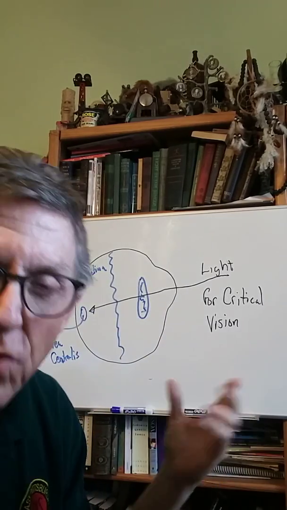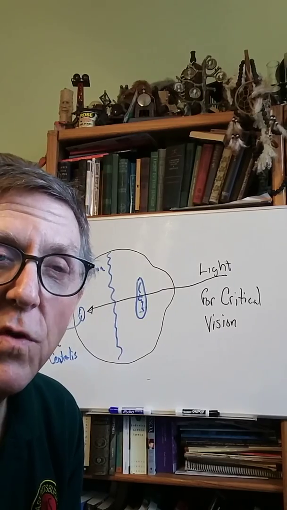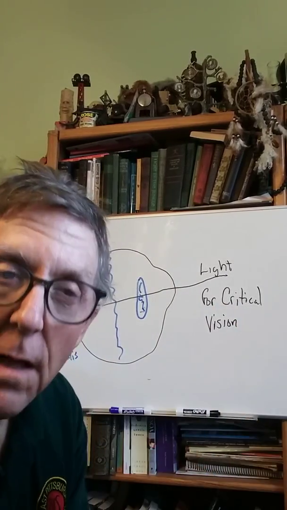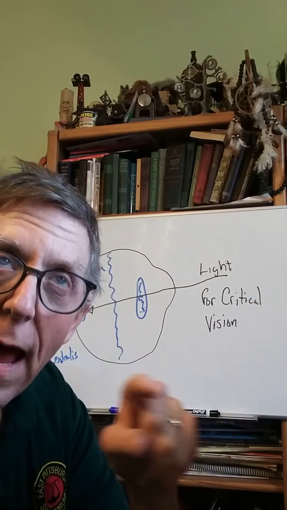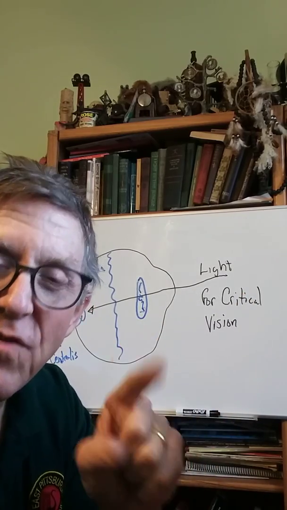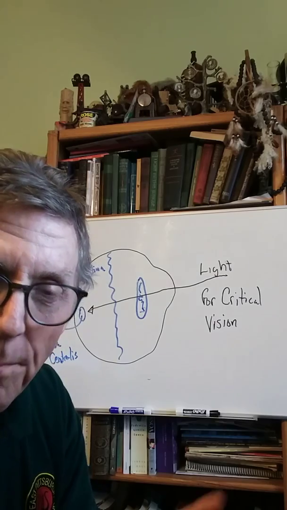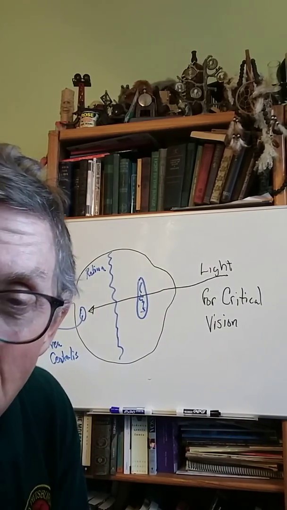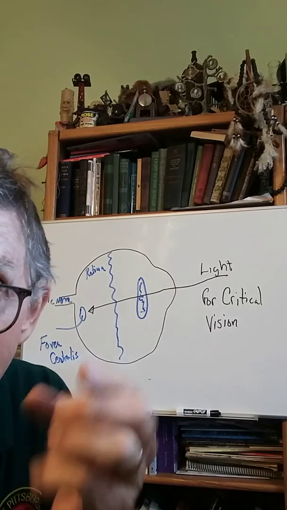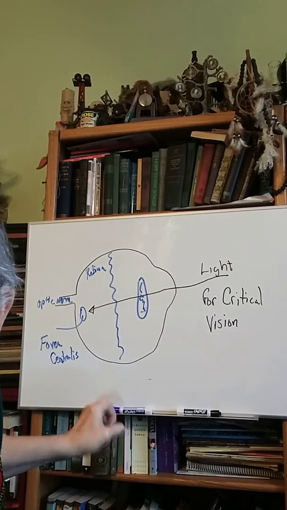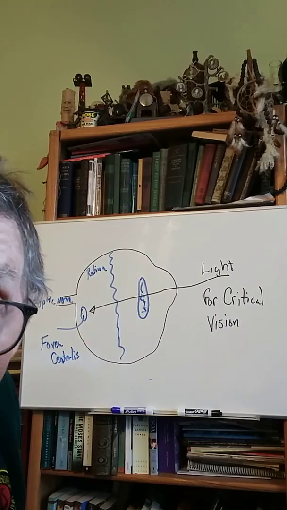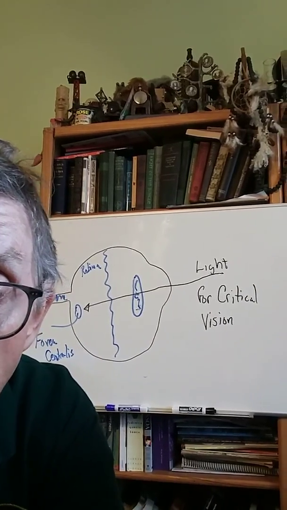So we have these two systems that allow you to see in dim light, but not very clearly, and in bright light, and to see things in extreme detail. So when you're reading or watching this video, the light is being focused on the fovea centralis, and that is then sending its signal through the optic nerve to your brain.